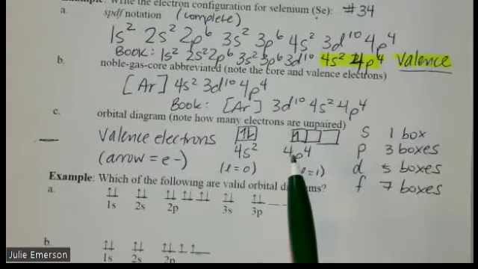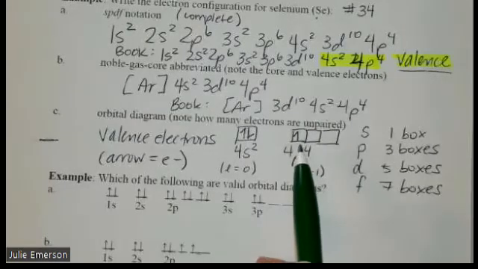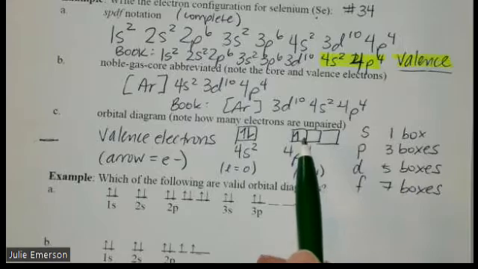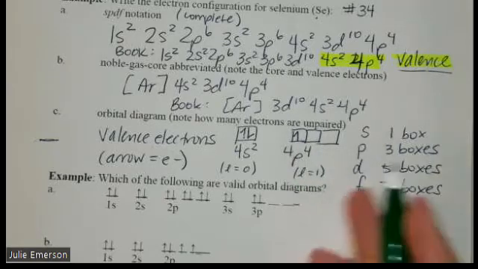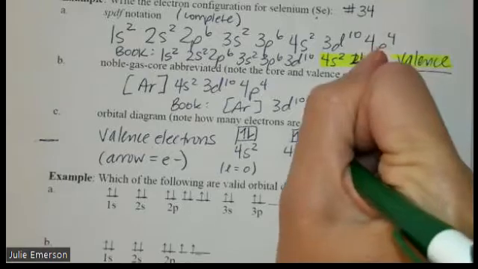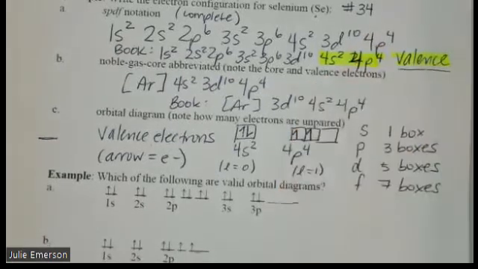The second electron that comes in says, okay, I can pair with the first electron here and lose some of my stabilizing energy because I'm now repelling against this negative particle, or I can sit in my own seat and not have to lose some of that energy because I'm being repelled by something I don't like. So the second electron goes to the second space and again, arrow up.